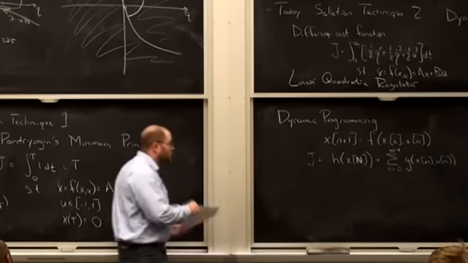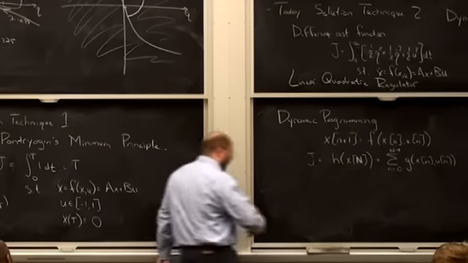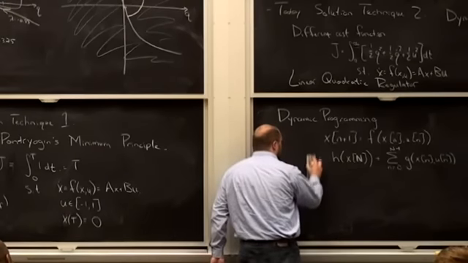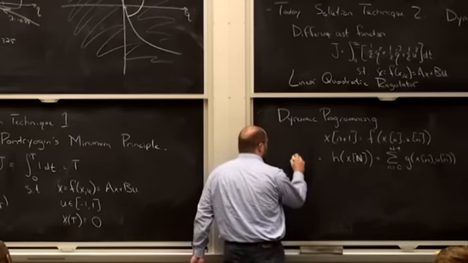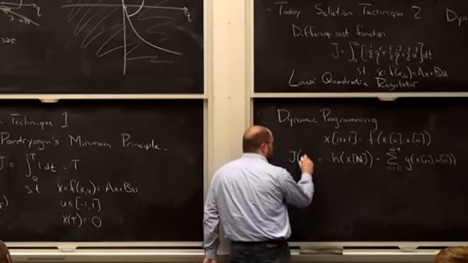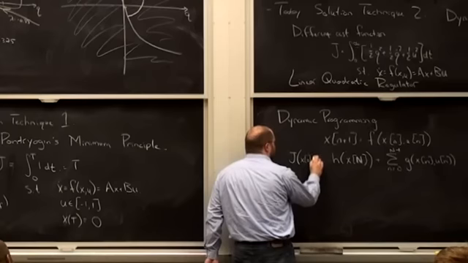Okay. So in particular, what I've been calling J is really the J of being at x0 at time 0.